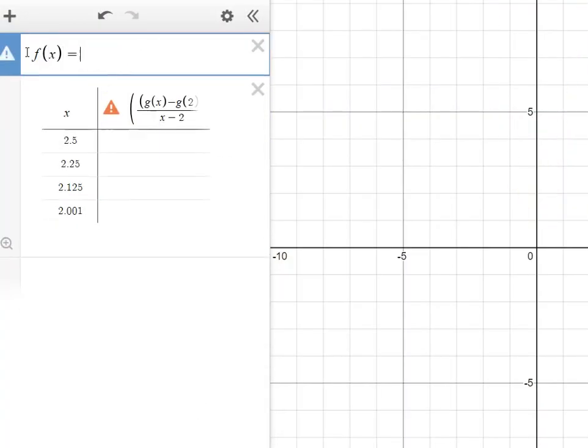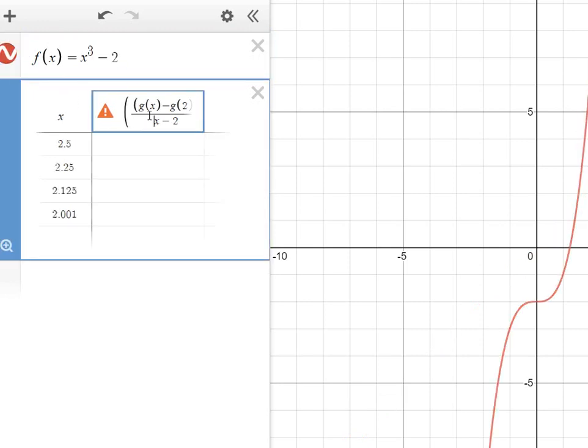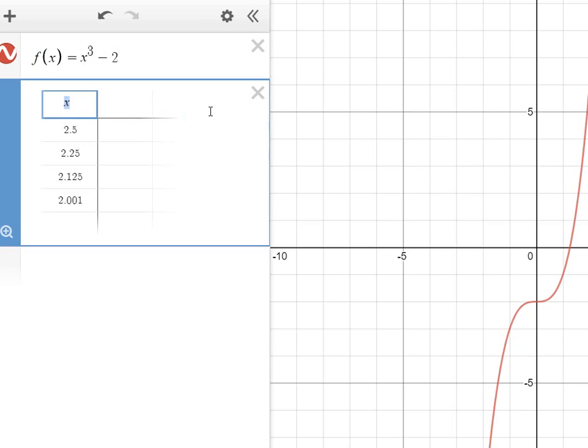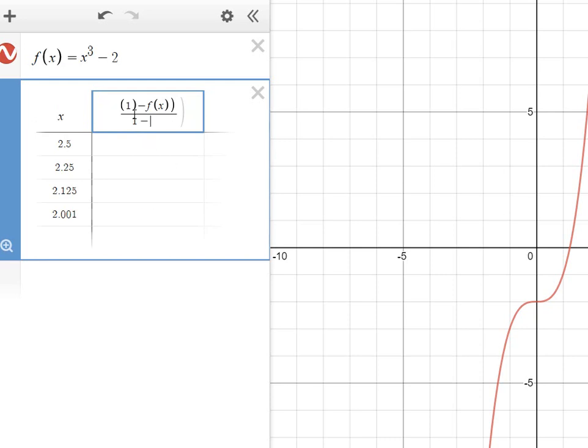Okay, so we have f of x equals x to the third minus 2. But now this time we are going to have f of 1 minus f of x divided by 1 minus x, because the 1 stays the same, the x value over here is going to change.